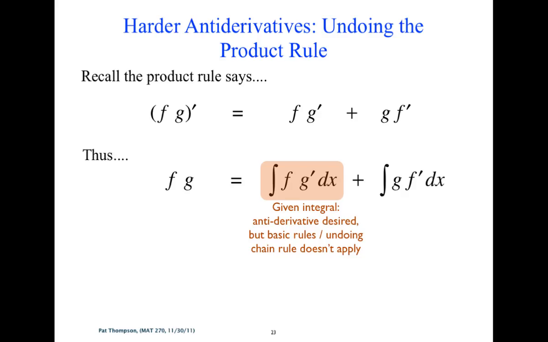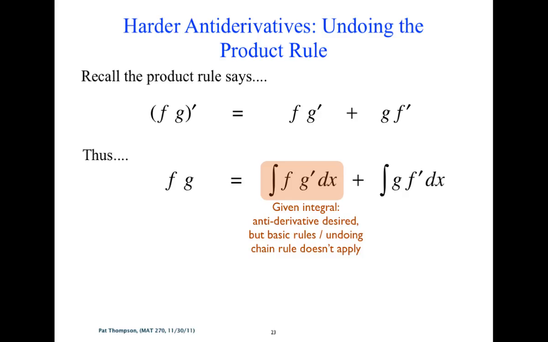Our given integral will be like one of the two terms you got when you did the product rule. So say it's fg prime, and we want the antiderivative, but the basic rules don't apply. We always ask, is it undoing the chain rule? And if it's not, then this might be our next line of defense. Is this like the integral of one of the terms in a product rule problem?